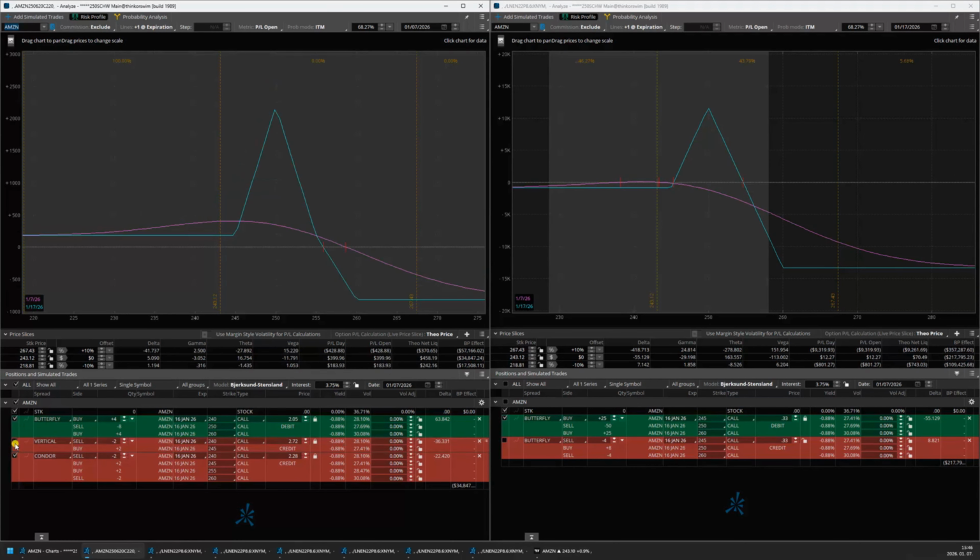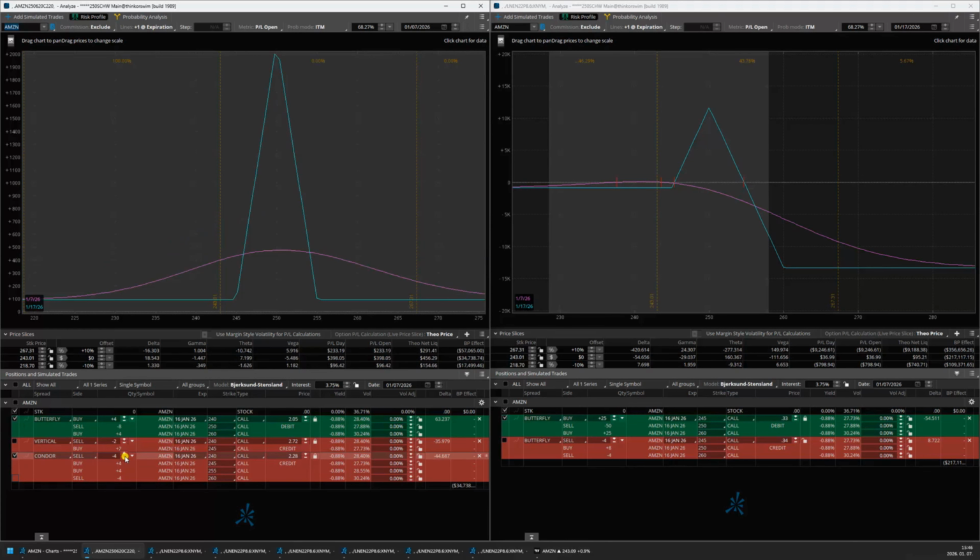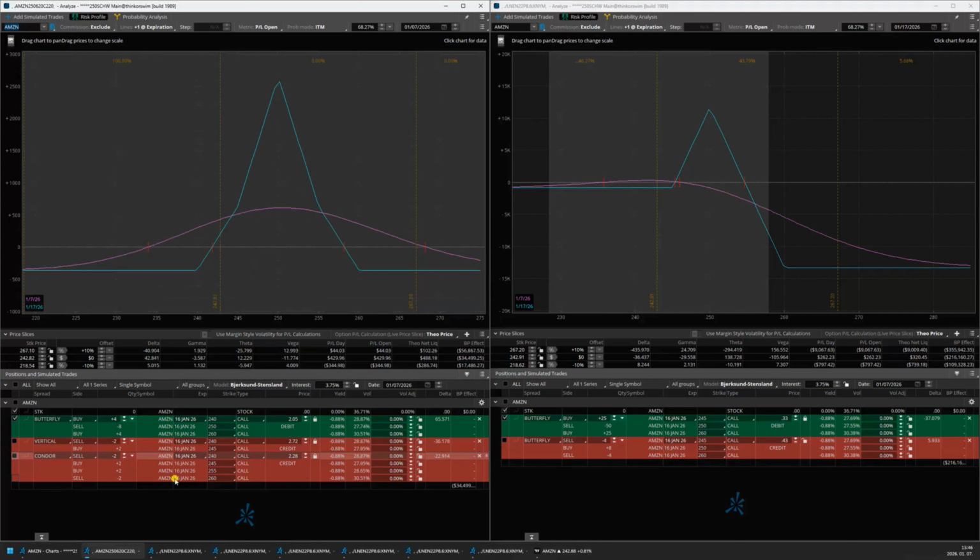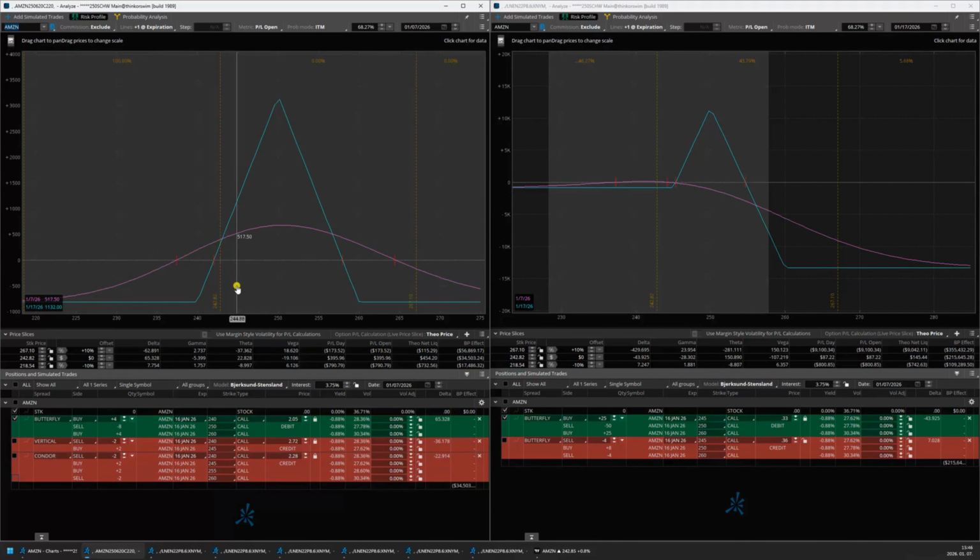Let's look at the adjustment of different scenarios from now on this side. So what if I roll this up, or what if I create a condor on a third of the position or a fourth of the position? I mean, 3/4 of the total position, but let's stick with the 2. So these are the possible adjustments someone can do in a situation like this.